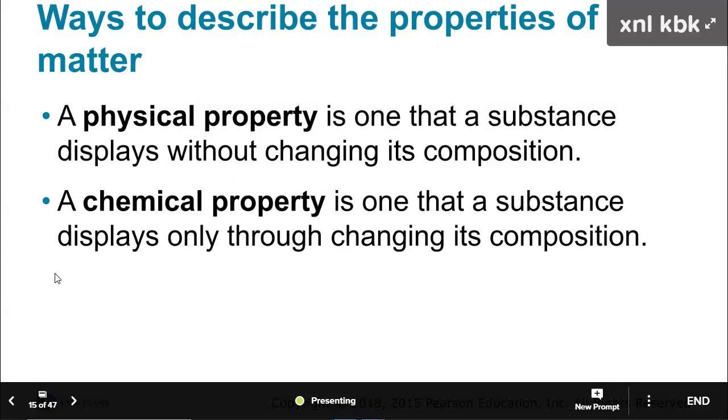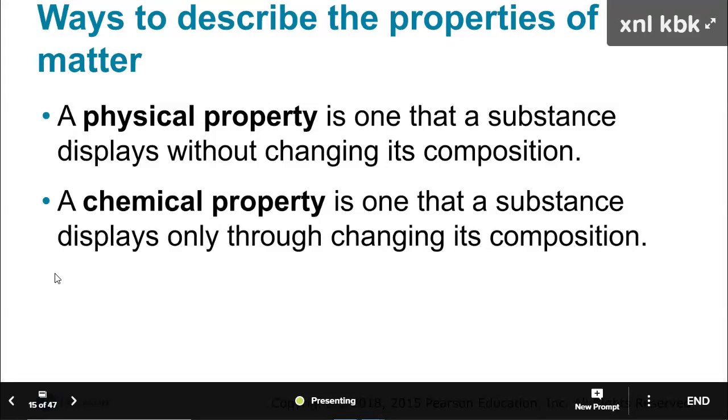Chemical properties, on the other hand, are ones that, in order to observe them, a chemical change has to be taking place at the same time. And in a chemical change, the physical substance is changing at the molecular level. So as I observe charcoal burning, I'm looking at a chemical change because the charcoal is turning into carbon dioxide. And so the things that I see with that chemical change are chemical properties.